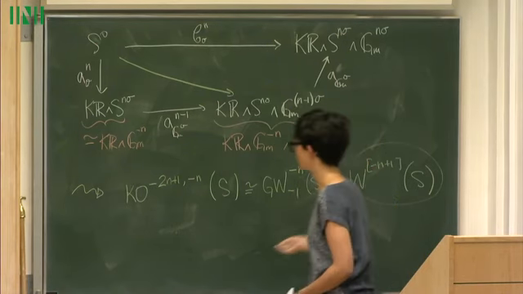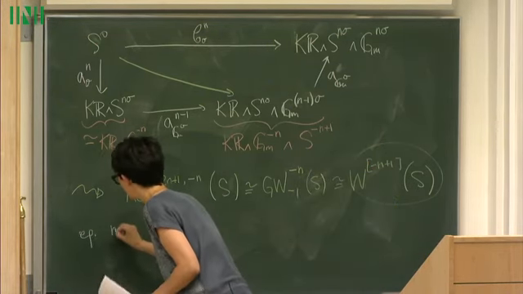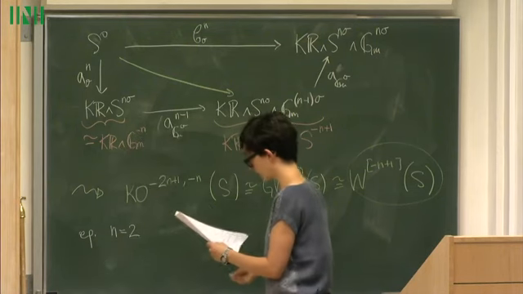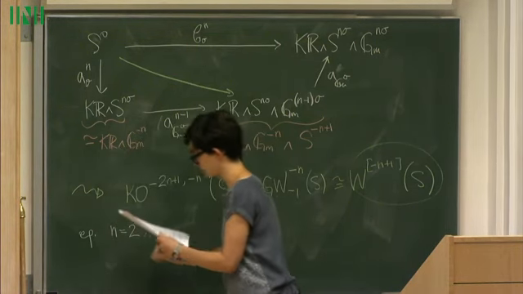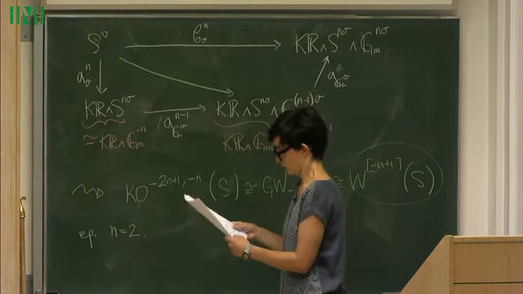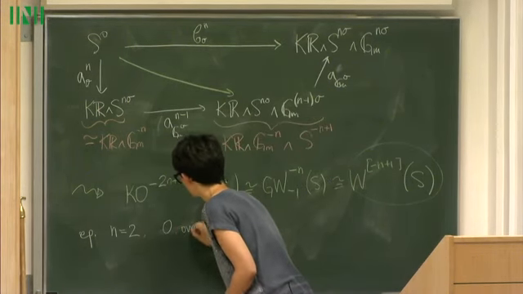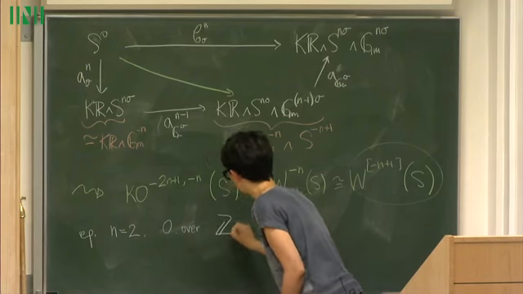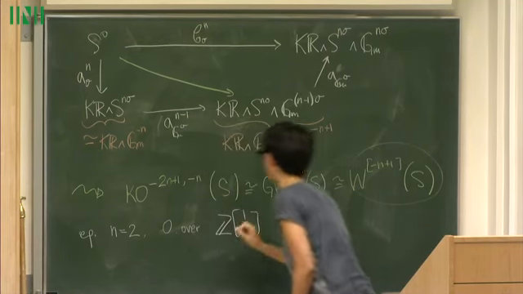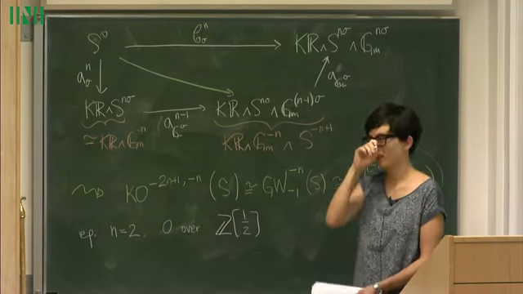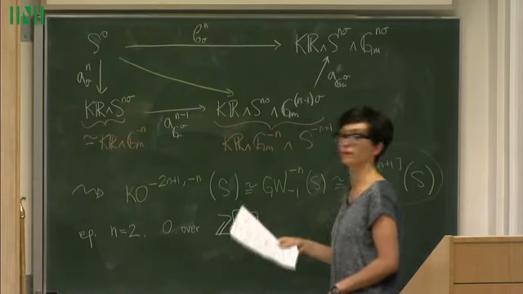So for example, if n is 2, this thing is 0 over something like Z adjoin 1/2, also over various spaces.